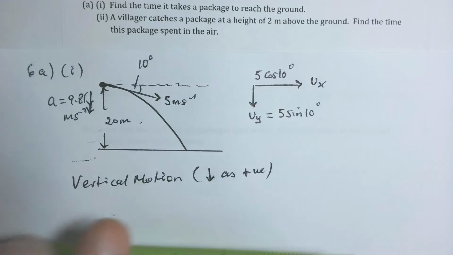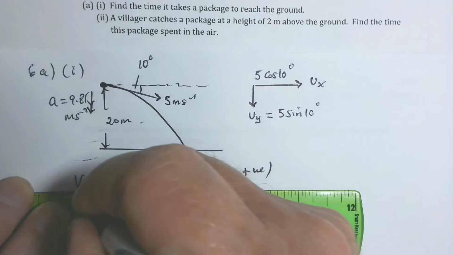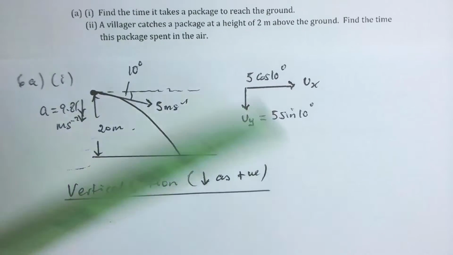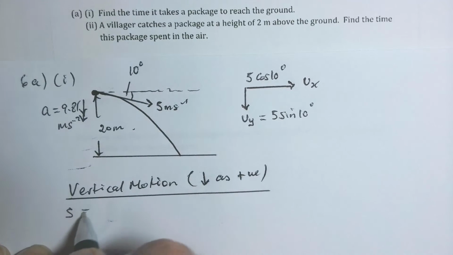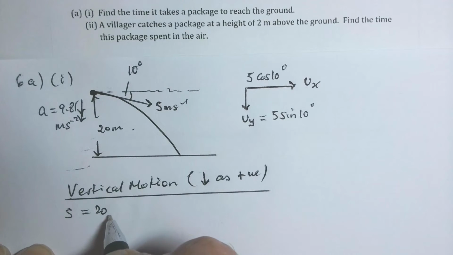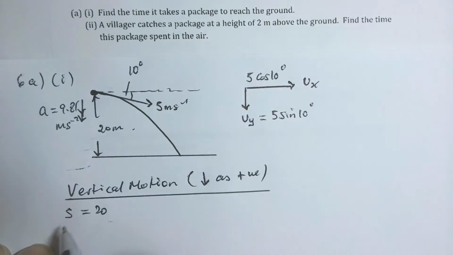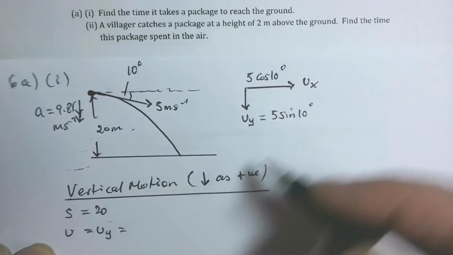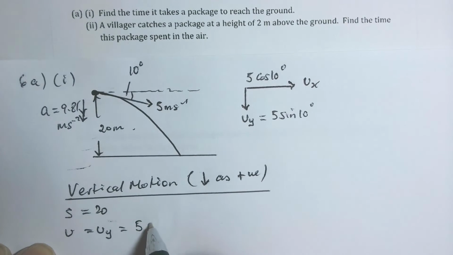As I've said already, we're going to consider the vertical motion first. So we've got s equals 20, and the vertical velocity u, which is uy in this case, is 5 sine 10 degrees.